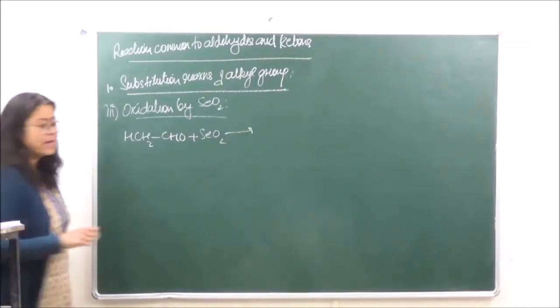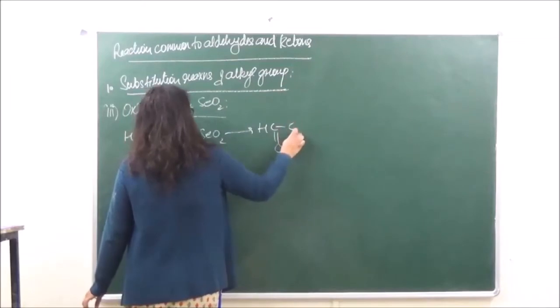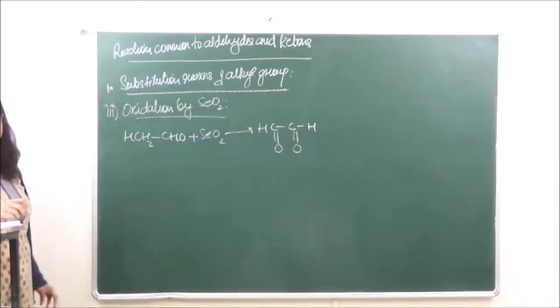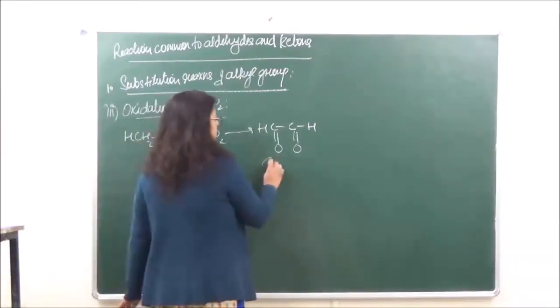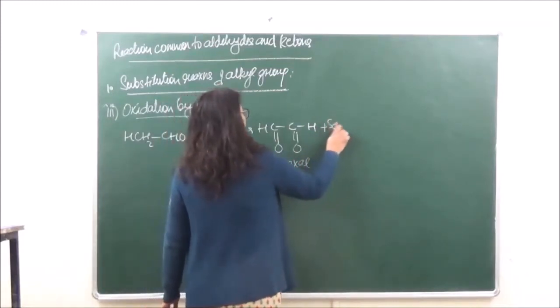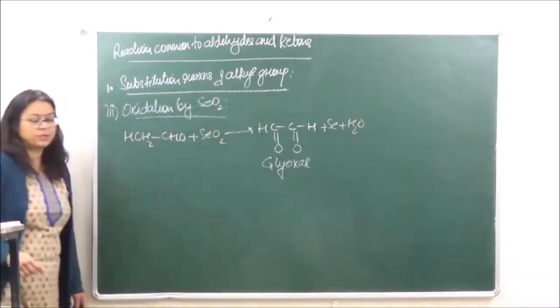So the product which we have over here is, right. So this is the kind of product which we will get. This is known as glyoxal. This is going to be the complete reaction, okay?